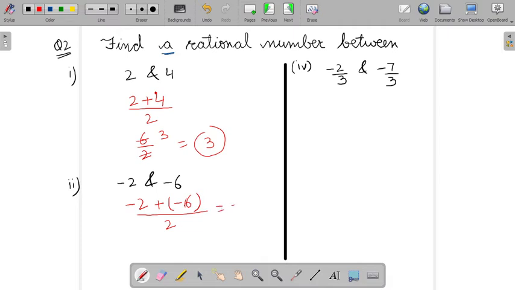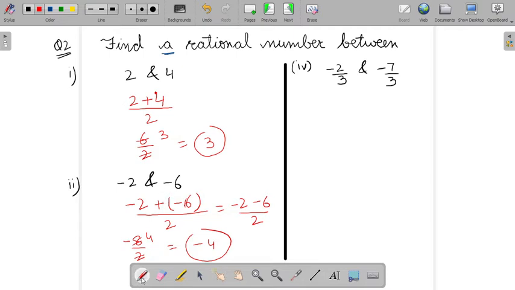Here, if you open the bracket, minus 2 plus multiply minus is minus 6 upon 2. So minus 8 upon 2, cancel it. So you will be getting minus 4 as one of the rational numbers. And observe here, this minus 4 lies between minus 2 and minus 6.